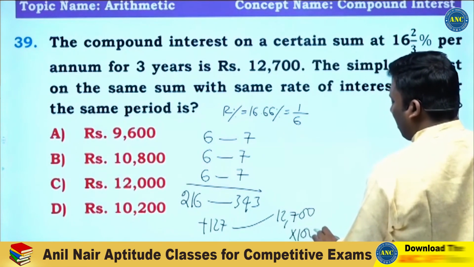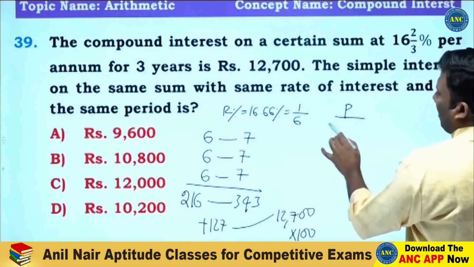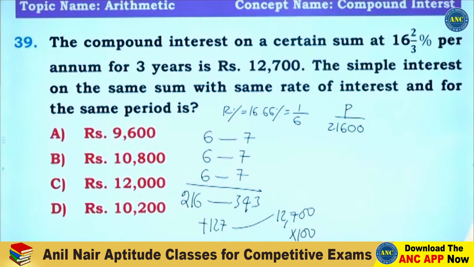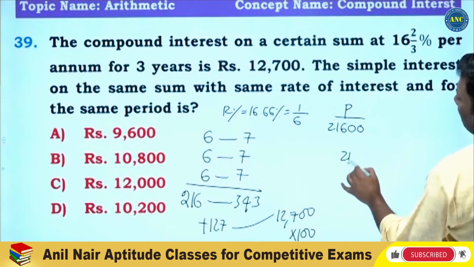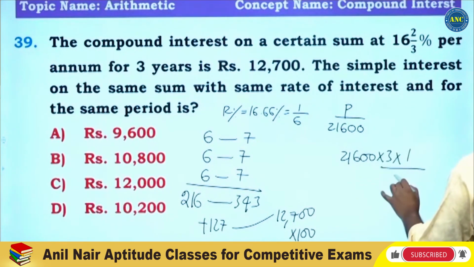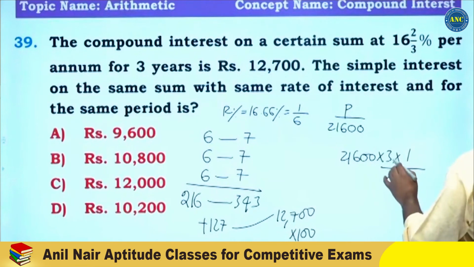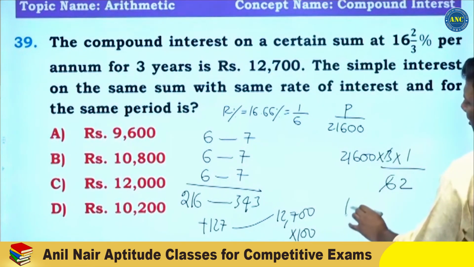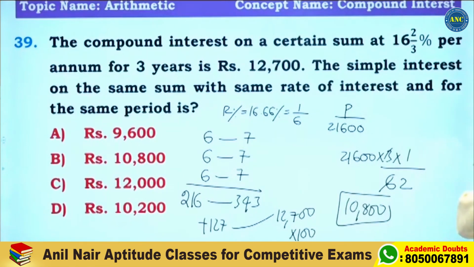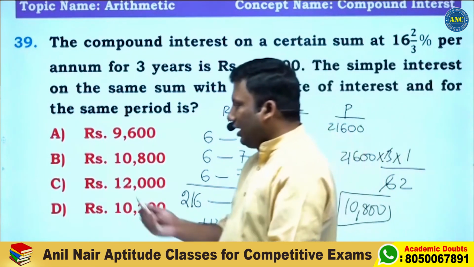So into 100, principal will become 21,600. For the same 21,600 for 3 years, how much is it? Into 1 by 6. 3 ones are 2, 3 twos are 10,800. It is the answer. 10,800. Idea clear?